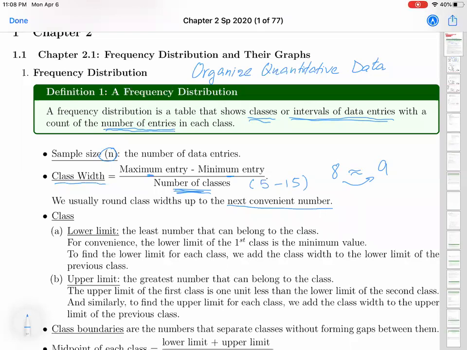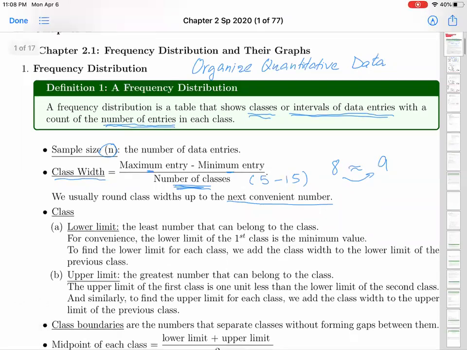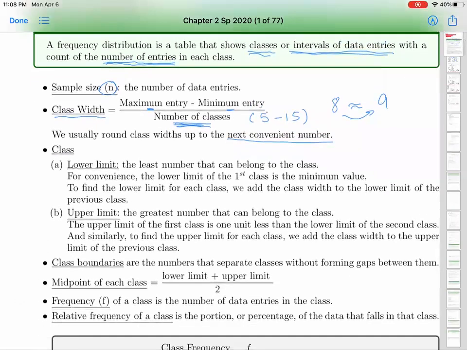All right, and now we can talk about class. In each class, we have the lower limit and the upper limit. The lower limit is the least number that can belong to the class. For convenience, the lower limit of the first class is the minimum value.